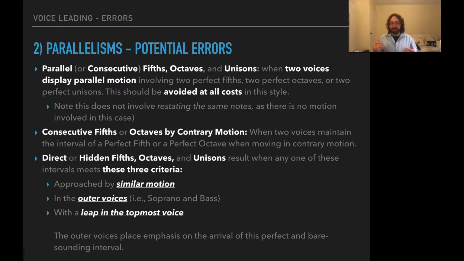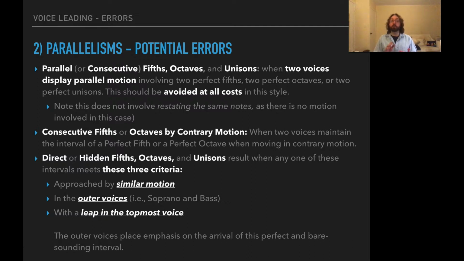First of all, the interval is approached by similar motion, meaning that the voices arriving on this interval are moving in the same direction. Also, this involves the outer voices, the soprano and bass typically. And it's created if there is a leap in the topmost voice.